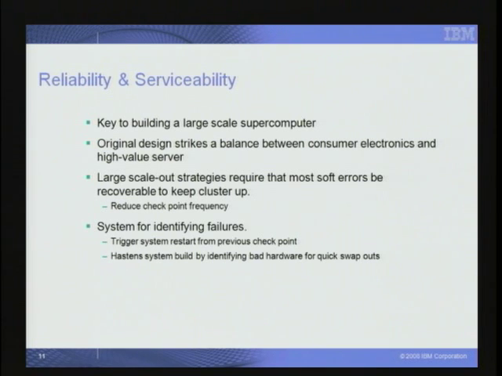Fixing some of the immediate deficiencies in Cell BE wouldn't have been enough to build a large-scale supercomputer had we not done an initial design that struck a fine balance between a consumer electronics device and a server device. In particular, there's a fair amount of logic in the chip that deals with soft errors and hard errors and counting them, to make it easy to identify system failures, where they are, and what components need to be replaced.